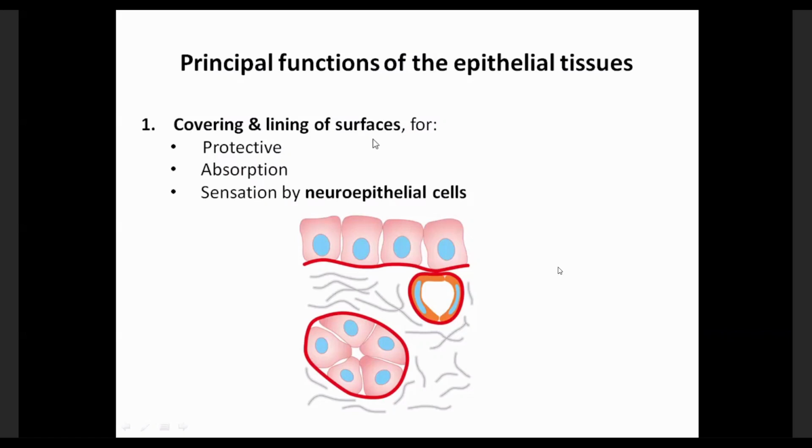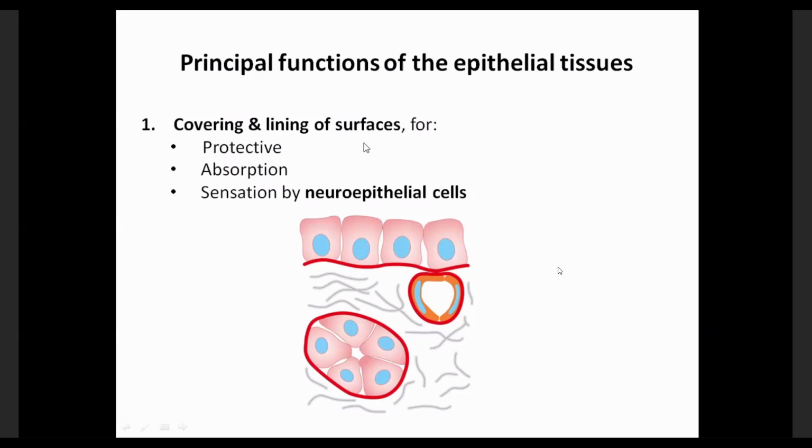In our body, all surfaces exposed to either outside or inside should be covered or lined by epithelial tissue. So one of the basic functions of epithelial tissue is to cover or line any exposed surface of your body. This surface could be to the outside, like for example, the skin.